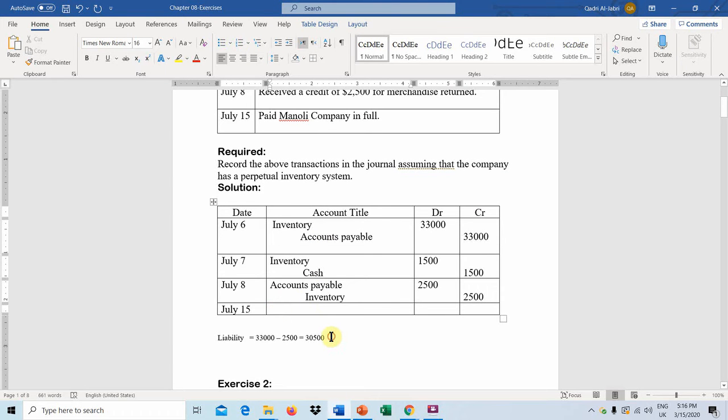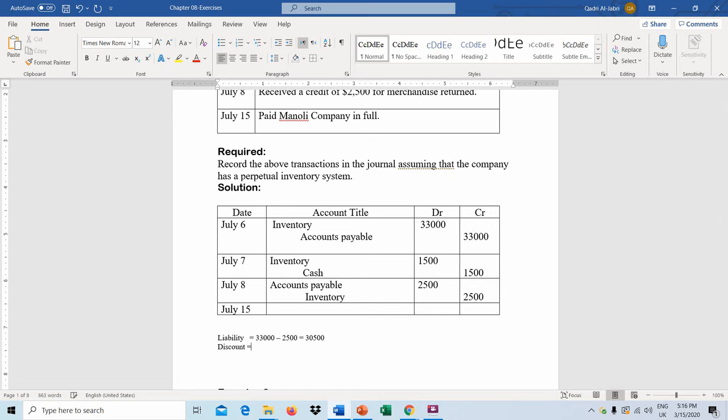So we don't need to pay 30,500. We will also get a discount. This discount is 0.02, which is 2% of the amount due, which is 30,500. Okay, I calculate this. It has an amount of 610.